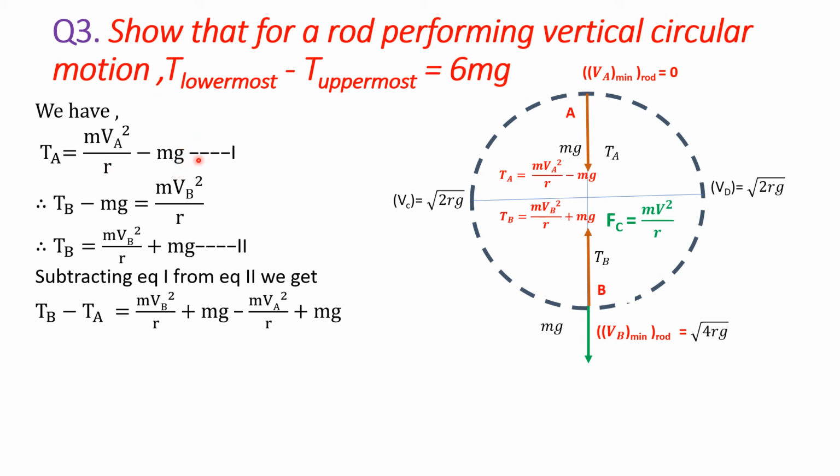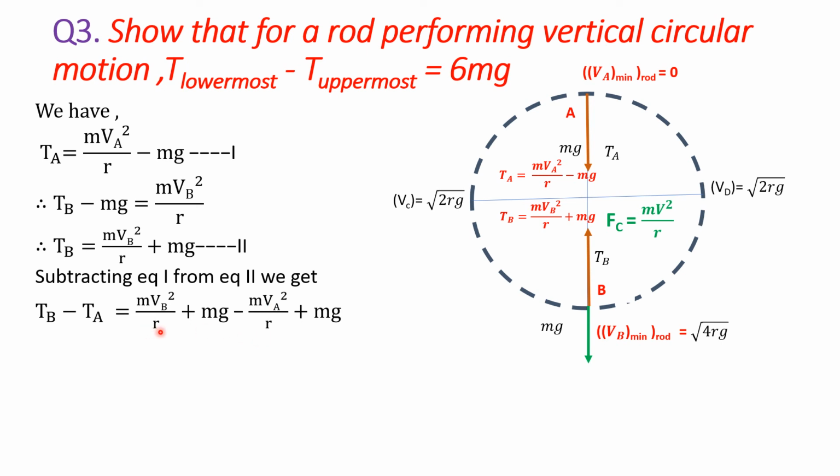When you open this bracket, you can write m Va square with a minus sign, and minus of minus mg becomes plus mg. So we get Tb minus Ta is equal to m Vb square upon r plus mg minus m Va square upon r plus mg.